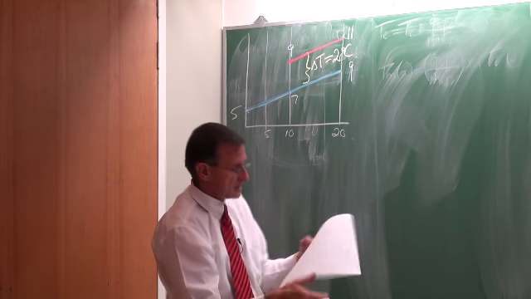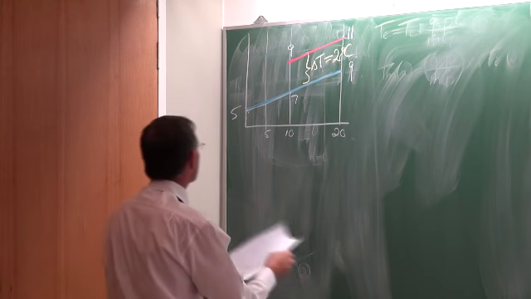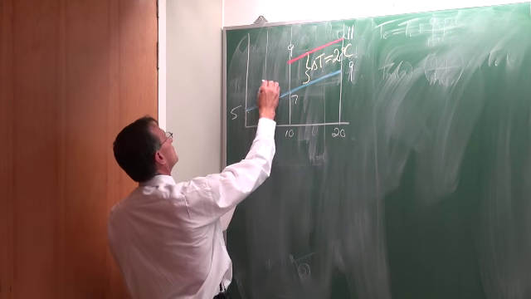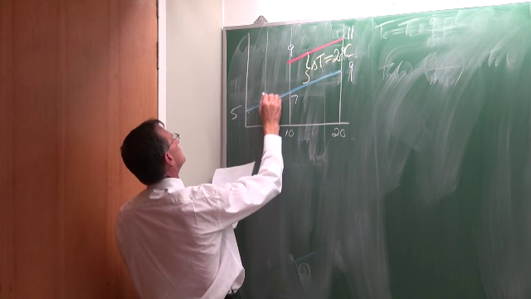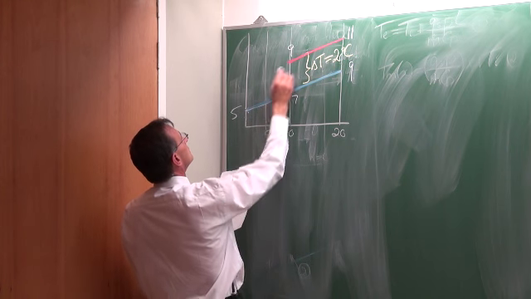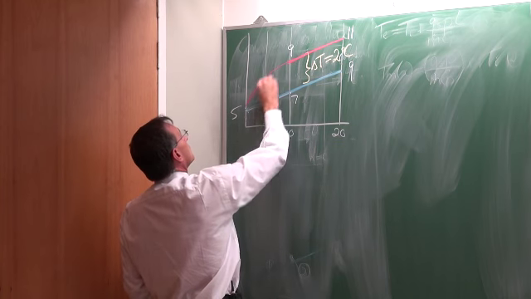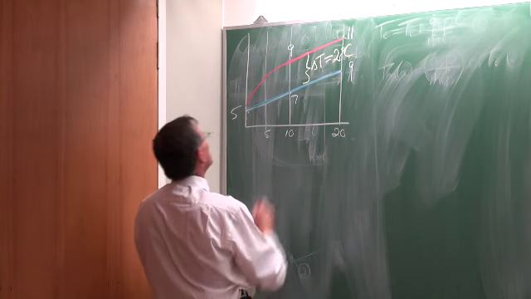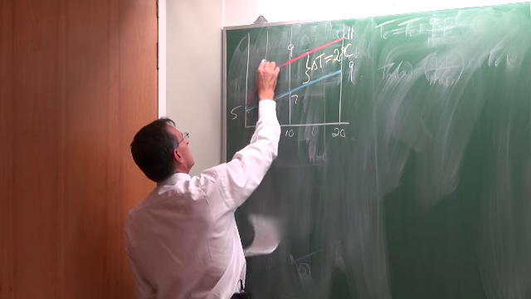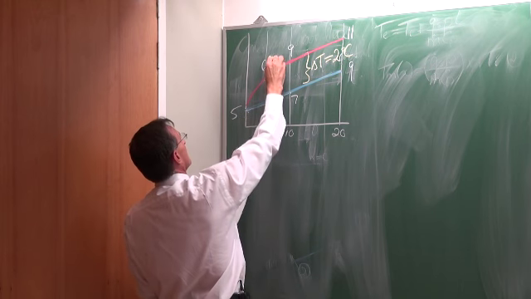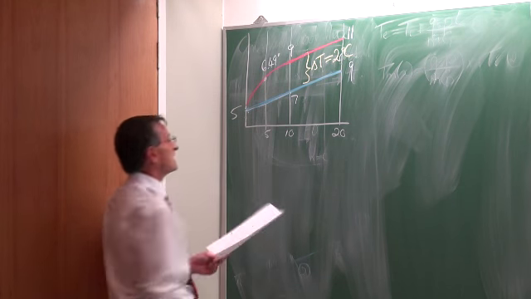So at 5 meters, we have solved it as 6.5. I see my scale is not very good here, but in any case, 6.49 degrees Celsius.